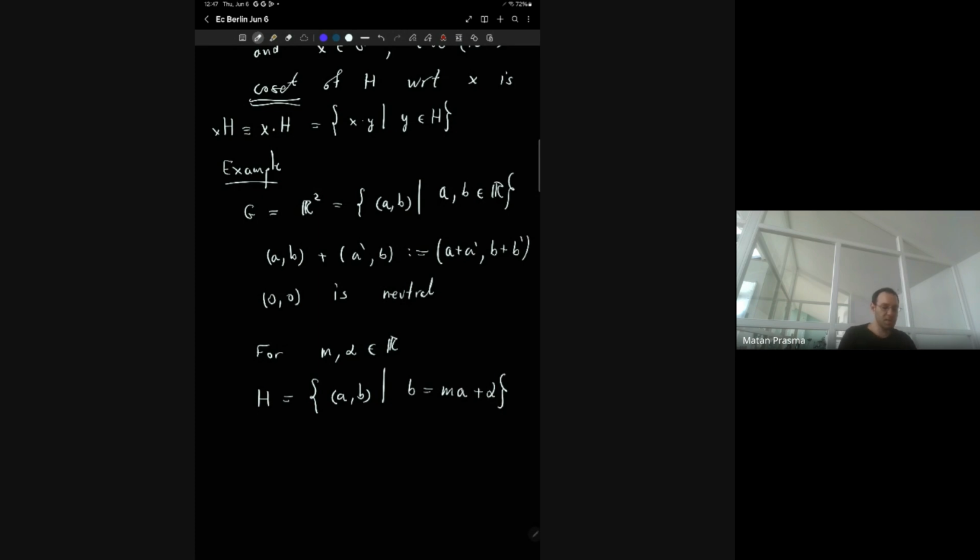So for a given M and alpha, H is simply a line that passes, actually alpha needs to be 0, I'm sorry. So it has to be a line that passes through the origin, because for H to be a subgroup, it needs to contain the neutral element.